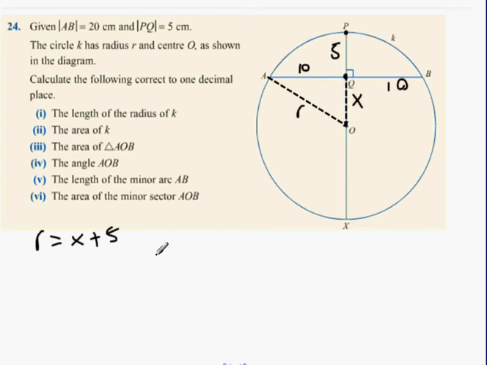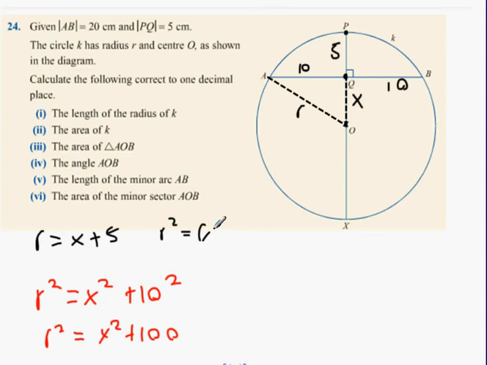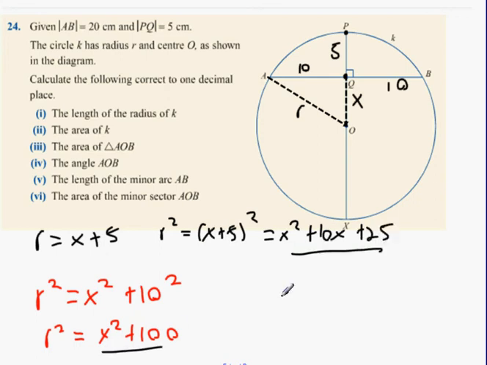Now we're going to do Pythagoras' theorem for the triangle: r squared equals x squared plus 10 squared. Therefore r squared equals x squared plus 100. Now we can make r squared out of the top equation as well, so r squared equals (x plus 5) squared, the same thing as x squared plus 10x plus 25. Put this equation equal to this one here.